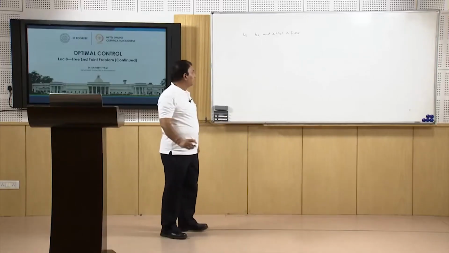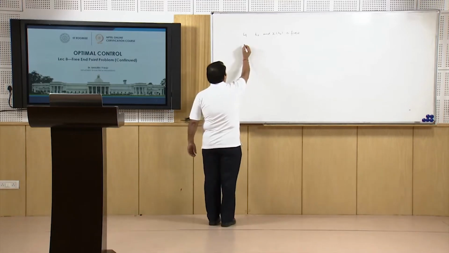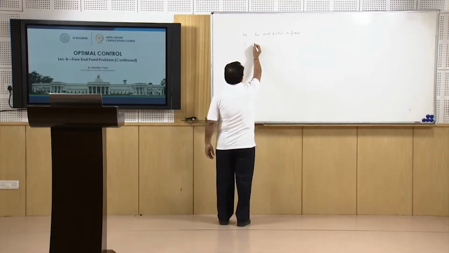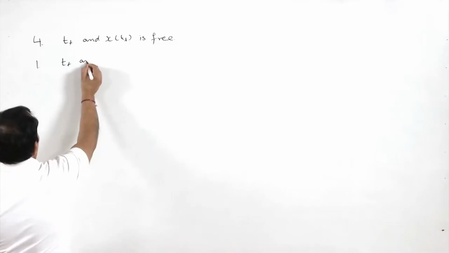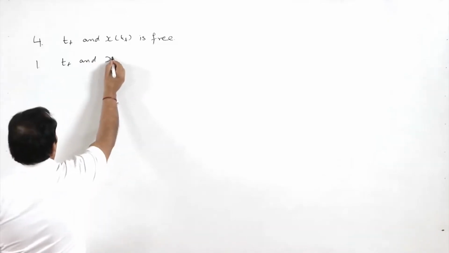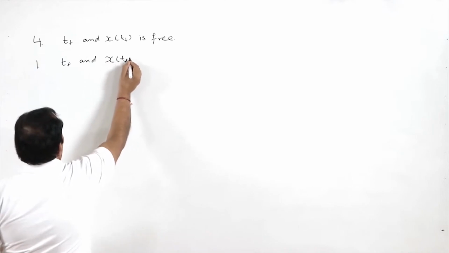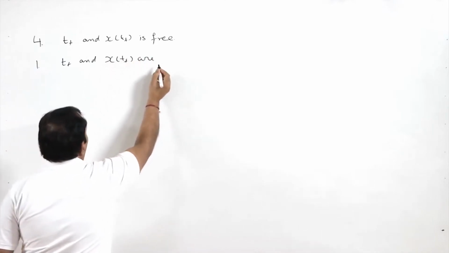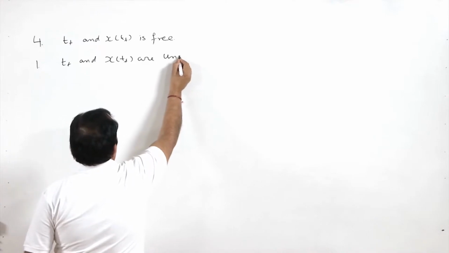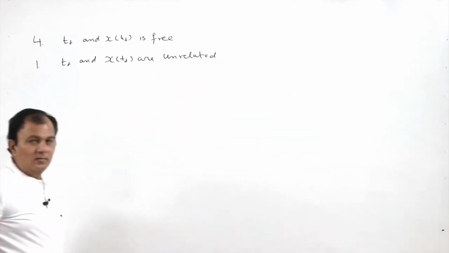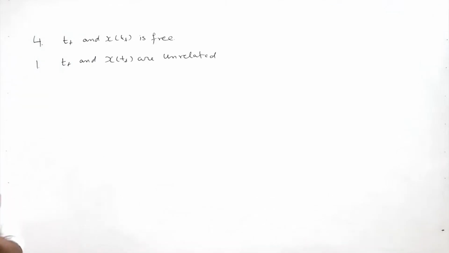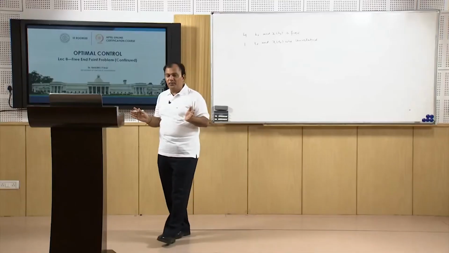This will further lead to two sub cases. The first one is if tf and x(tf) are unrelated. This means my tf and x(tf) both are independent variables.